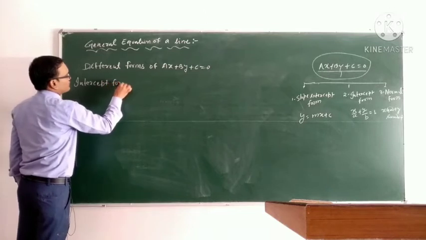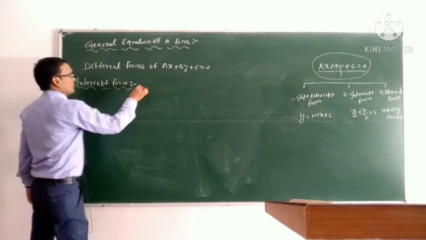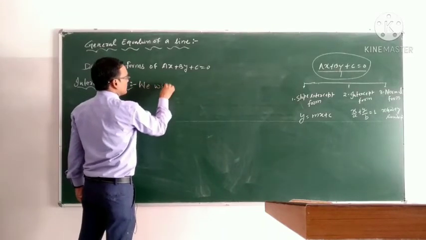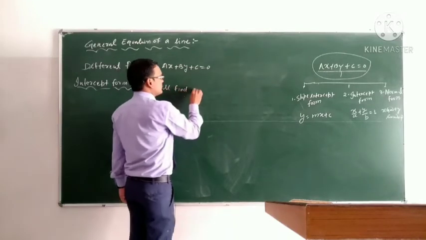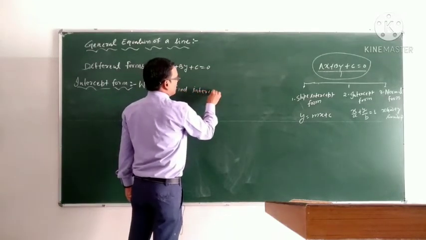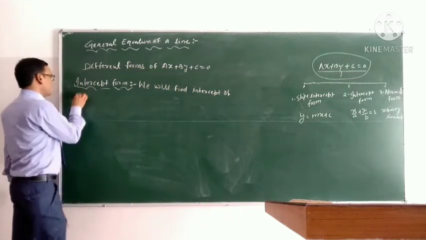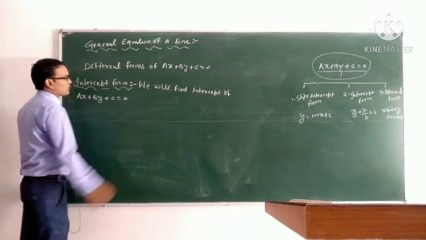We will find the intercept form of ax plus by plus c equal to 0.